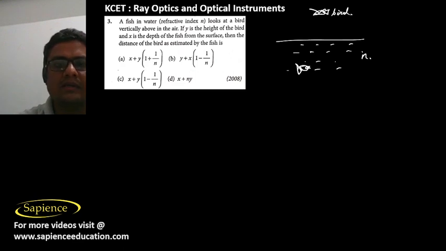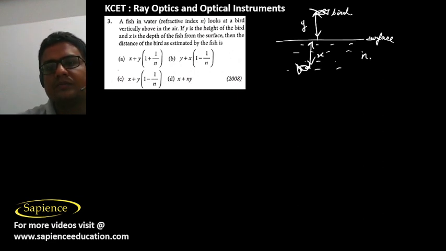A fish is inside water. The refractive index of the water is n. If y is the height of the bird from the surface of the water and x is the depth of the fish from the surface, then the distance of the bird as estimated by the fish will be how much?